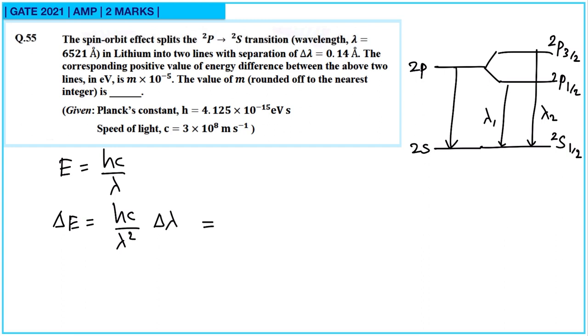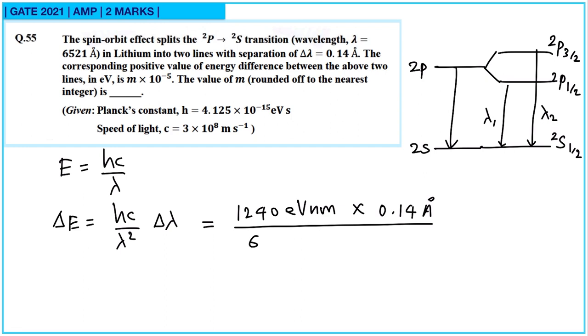The value of hc is 1240 electron volt nanometer, into delta lambda, which is given as 0.14 angstrom, upon lambda square. This can be converted into nanometer so that the nanometer will cancel. So I have written the value of lambda square as 652.1 nanometer into 6521 angstrom.